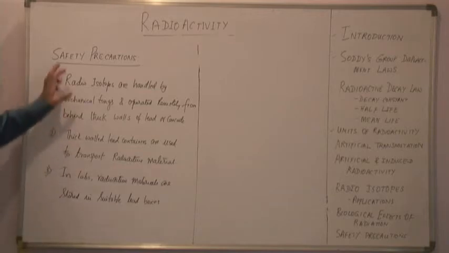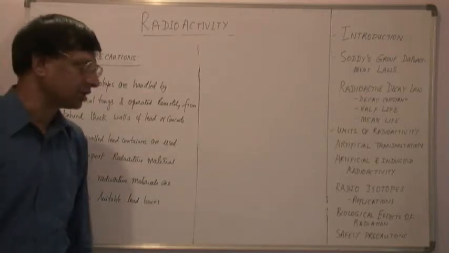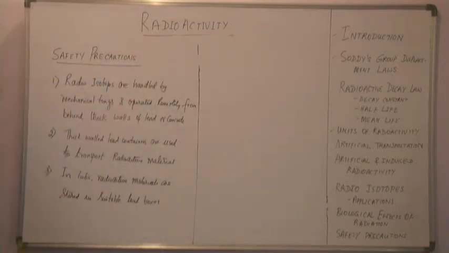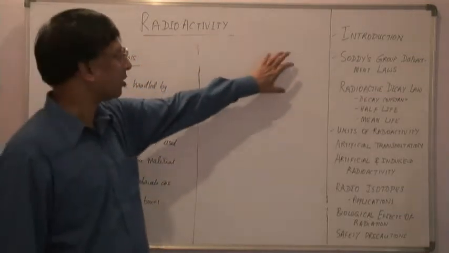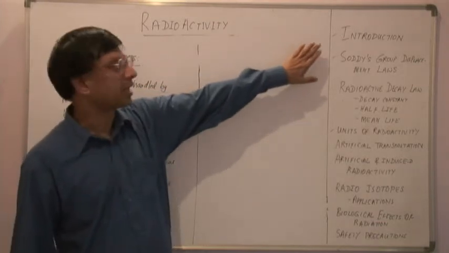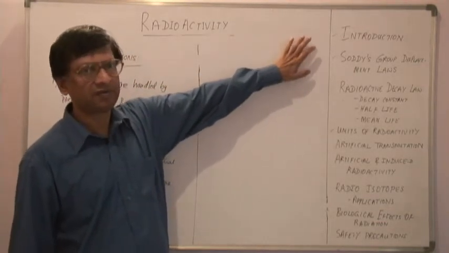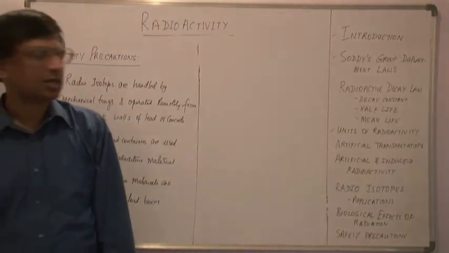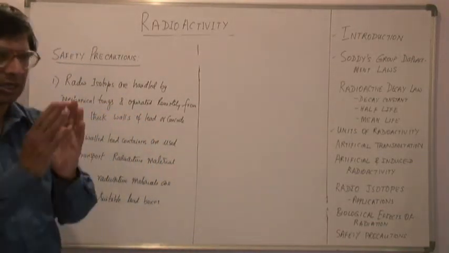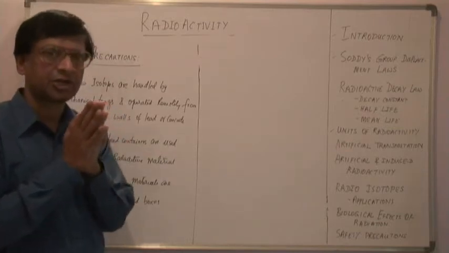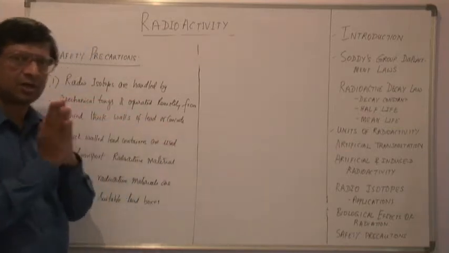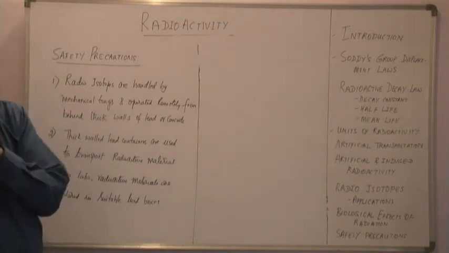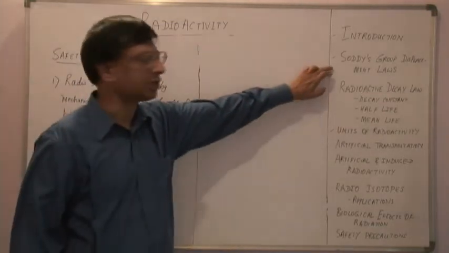So with this brief discussion on safety precautions, we come to a conclusion on the topic of radioactivity. In this session on radioactivity, just to recapitulate, we had a brief introduction to the topic. Then we looked at Soddy's group displacement laws, where the element giving out radiation gets displaced two columns to the left in the periodic table or one column to the right, depending on what type of radiation is given out.